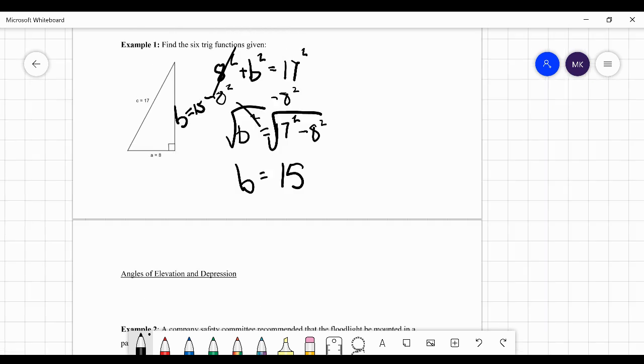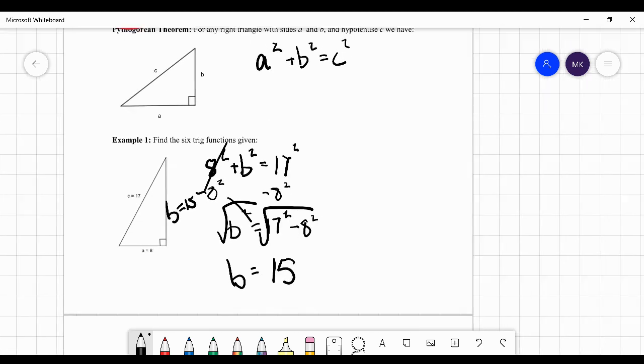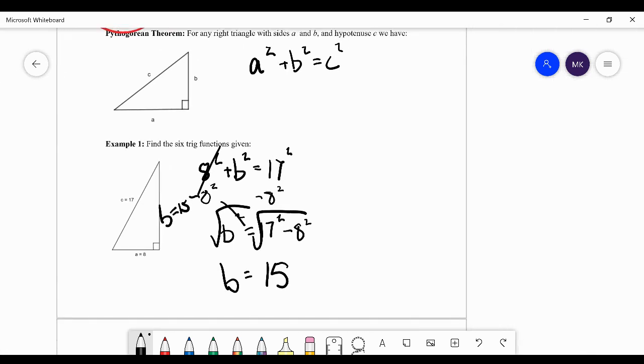Now, what about our trig functions? Here's our theta. So that might be a little less confusing now. So we have to specify which angle we're dealing with. And so this is going to be our theta here.